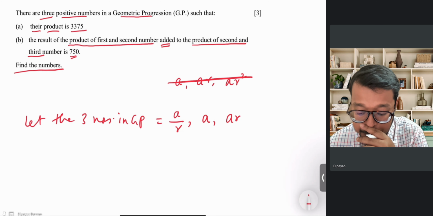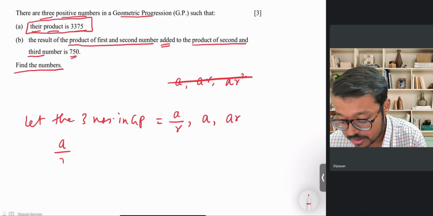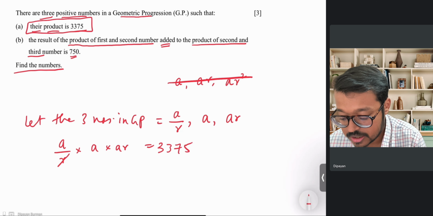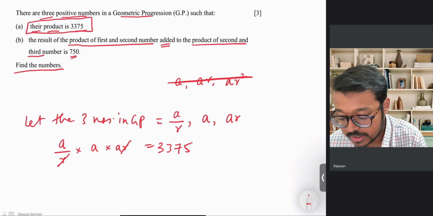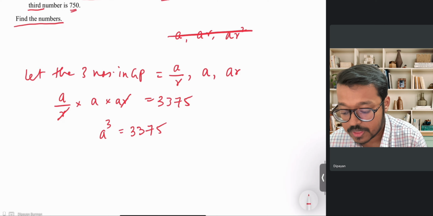So if we find the values of A and R, we will be able to find the numbers in GP. The first information is that the product of these numbers is 3375. So A by R multiplied by A multiplied by AR is equal to 3375. Now the advantage here is that the R and R cancel. The common ratio is positive, so we can cancel them. Now we have A multiplied by A multiplied by A, that is A cube, equal to 3375.